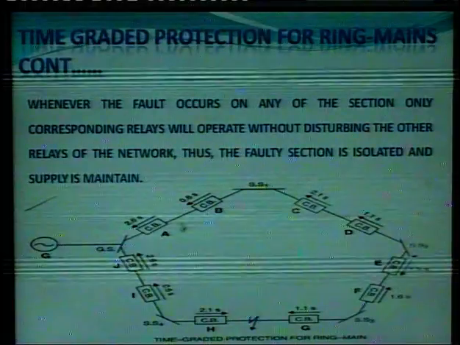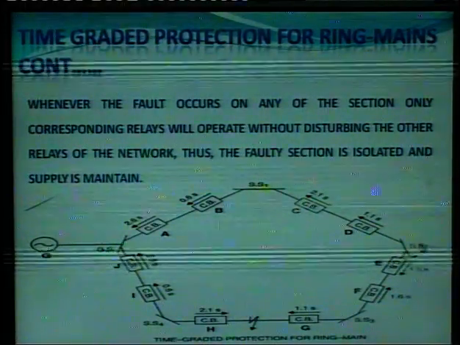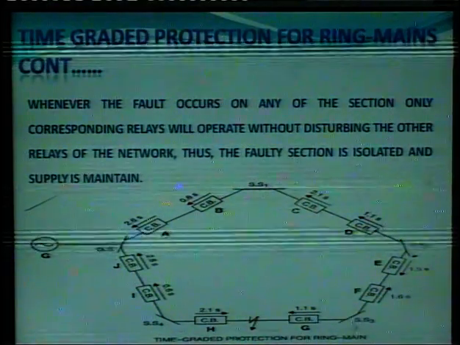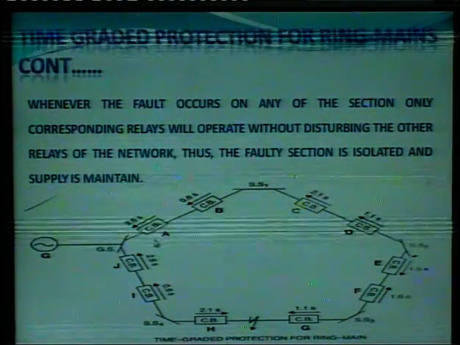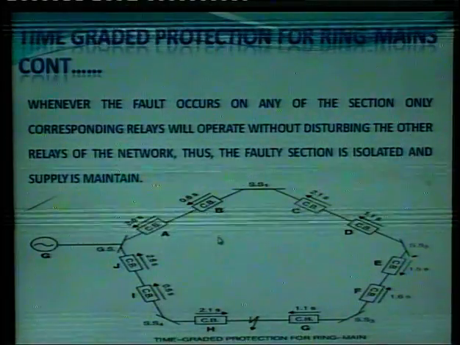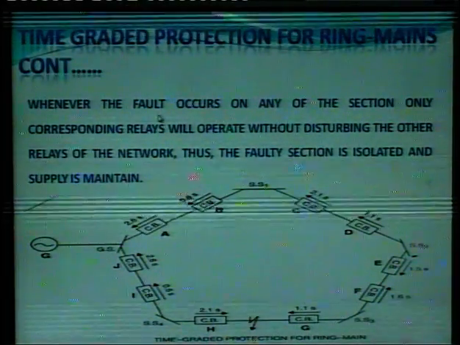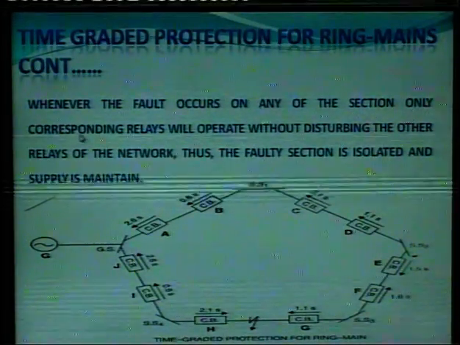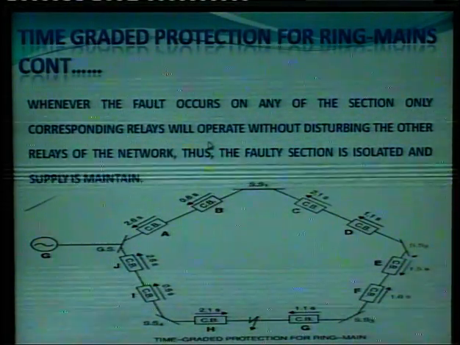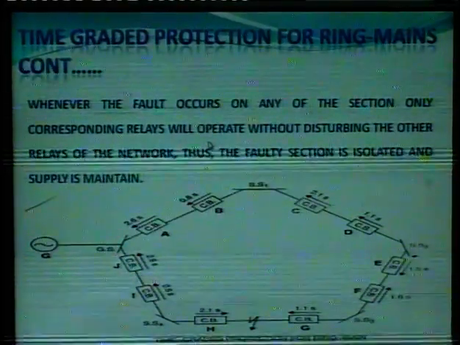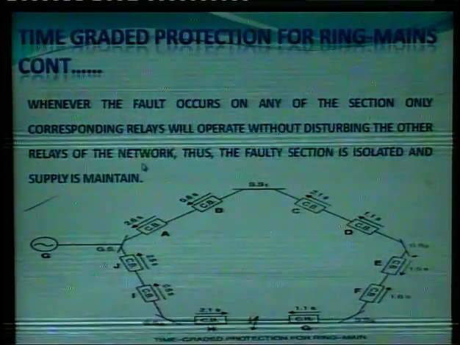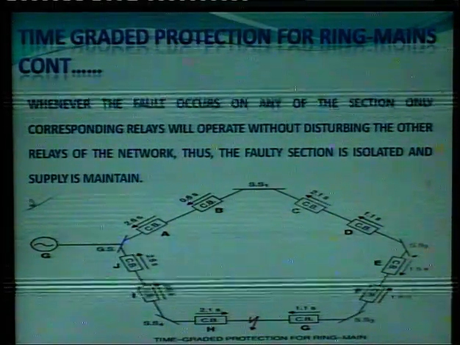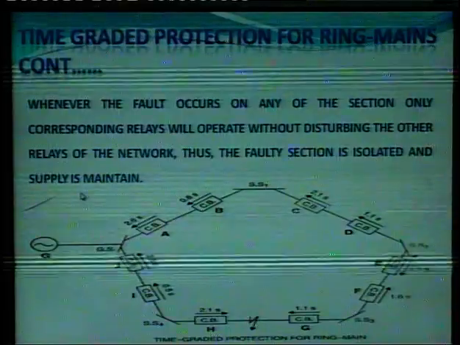Now here a number of substations are connected to form a ring. So whenever the fault occurs on any of the sections, only the corresponding relays will operate without disturbing the other relays of the network. Thus the faulty section is isolated and the supply is maintained.